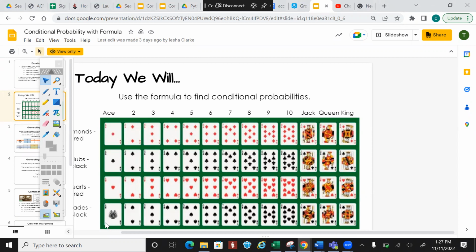There are 4 different suits. There are 2, 3, 4, 5, 6, 7, 8, 9, 10, and then there are jacks, queens, and kings. Okay, there are 52 in a deck.